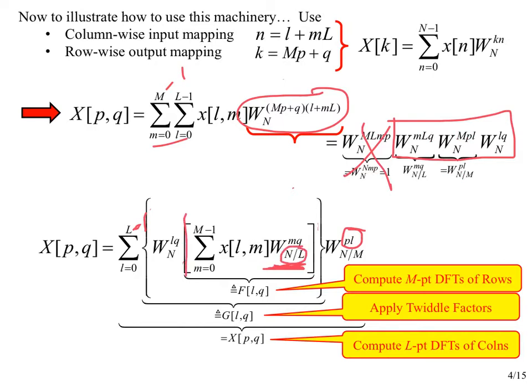So this structure is an M point DFT structure, and we're doing it over M, and so we're computing the M point DFT of the rows. We used a column-wise input mapping, so we're doing our DFT over the rows. Remember, L was down, M was across.